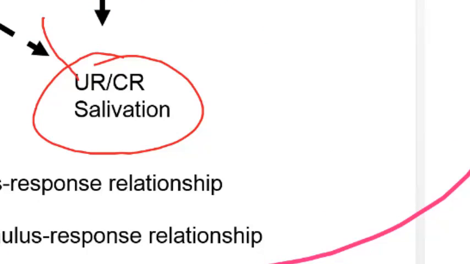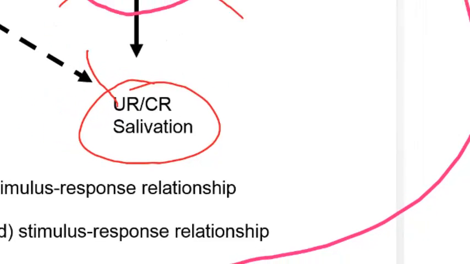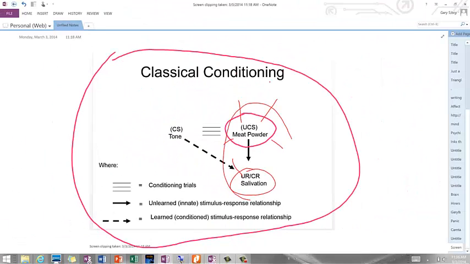And down here is the unconditioned response, the UR, if you will, which is salivation. What's important to note about this connection is that it is unlearned. That's what is meant by unconditioned. No one has to teach a dog that there's a connection between meat powder and the need to start salivating. It happens naturally. It happens automatically.